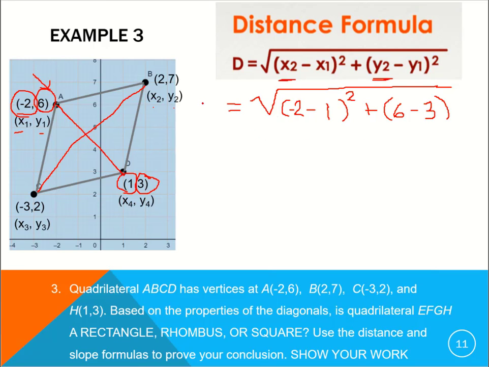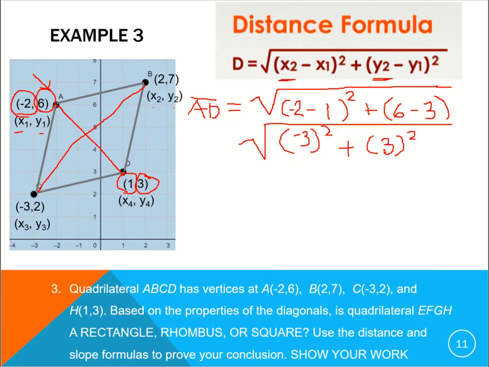All right, so the distance of AD, that is my diagonal, one of them. -2 minus 1 is a -3. We're going to square that. It's all underneath a radical. Plus 6 minus 3, that's 3.